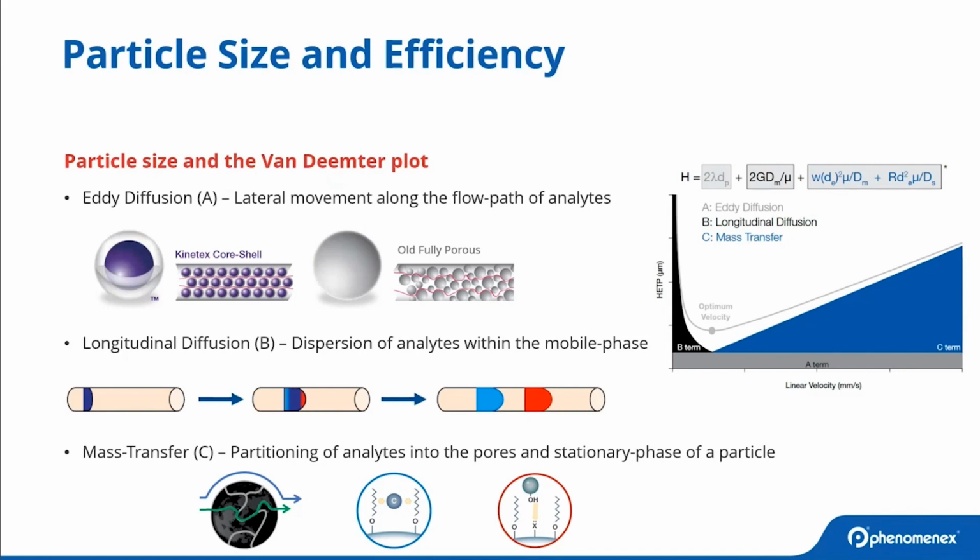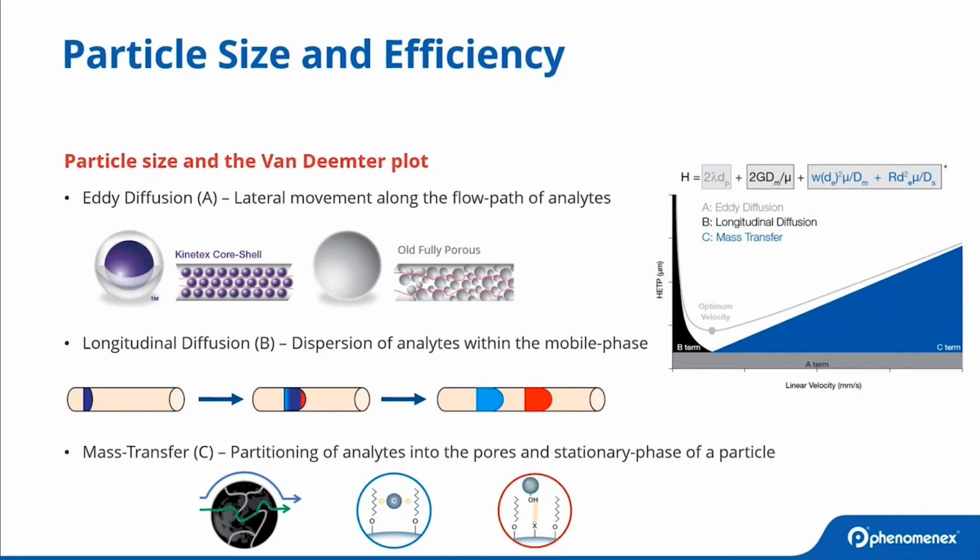Finally, we have mass transfer. Mass transfer is a reference to the actual partitioning of analytes into the pores and ultimately the stationary phase that characterizes the particles of a column. The contribution of mass transfer towards broader peaks is directly proportional to flow rate.